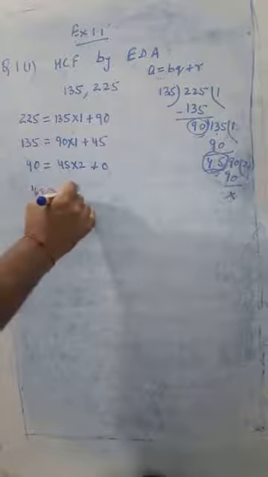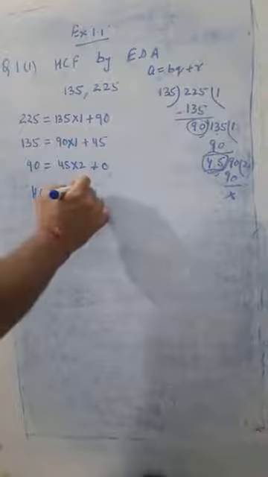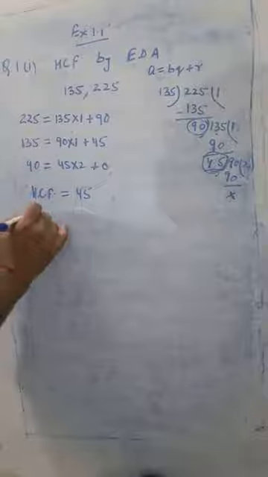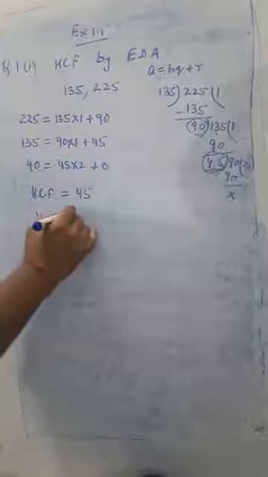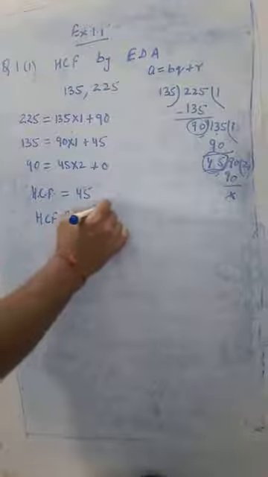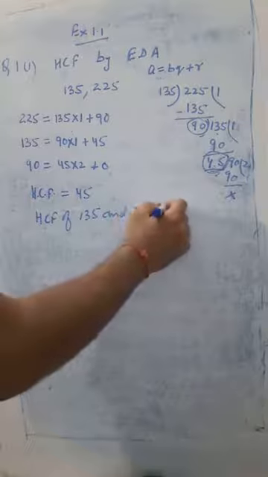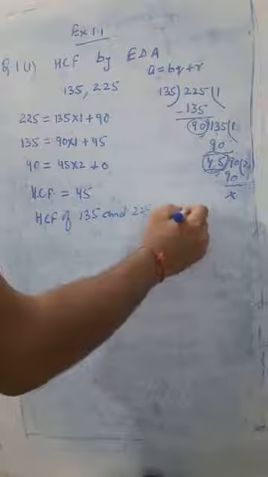HCF means highest common factor. So HCF of 135 and 225 is 45.